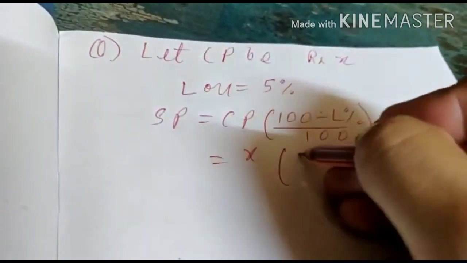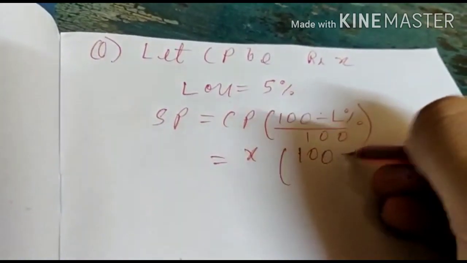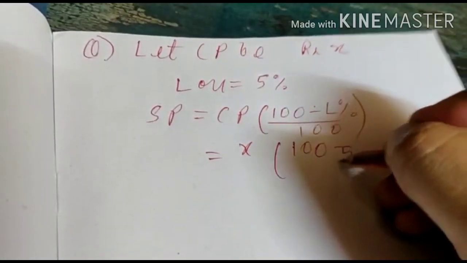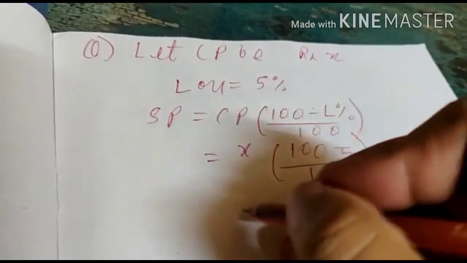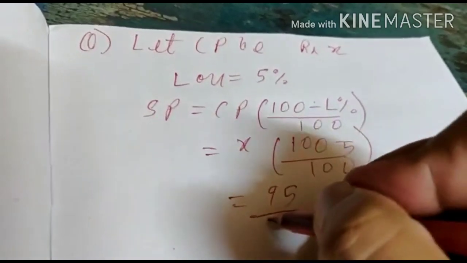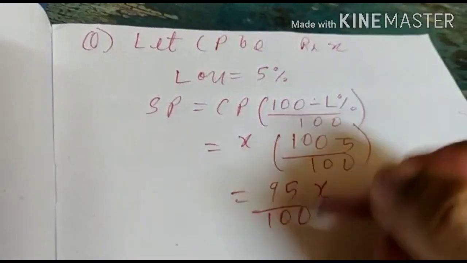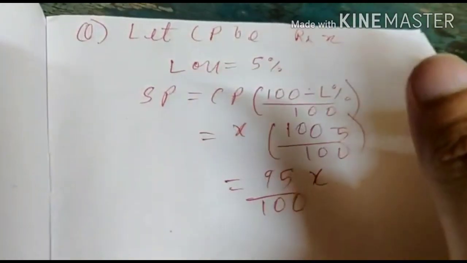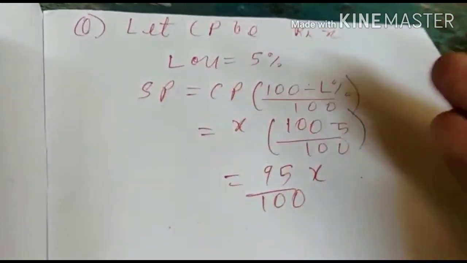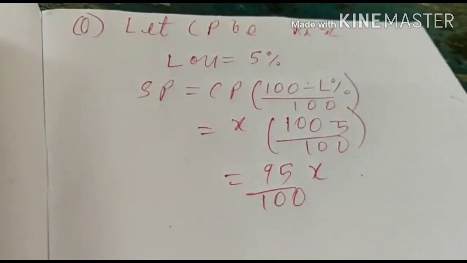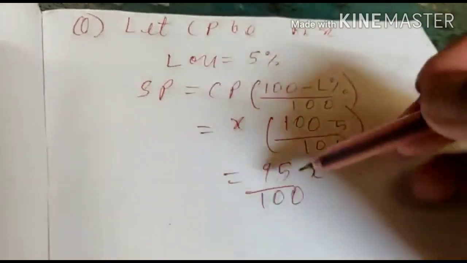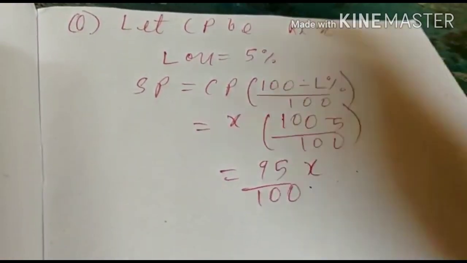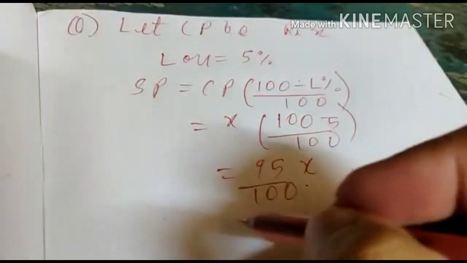So X into 100 minus 5 upon 100, that is 95 upon 100 X. This can be reduced further, but we won't cut it, as it will make our calculation a bit easier further. So our SP is 95x upon 100.